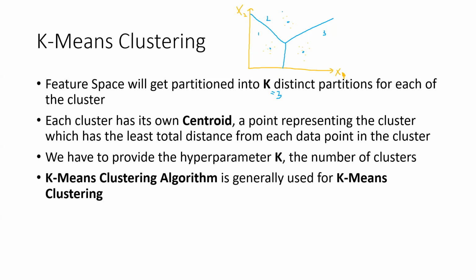For example, if you take this cluster, the distances between this data point, this data point, and this data point are minimum when you take the centroid as this location instead of taking the centroid as here.